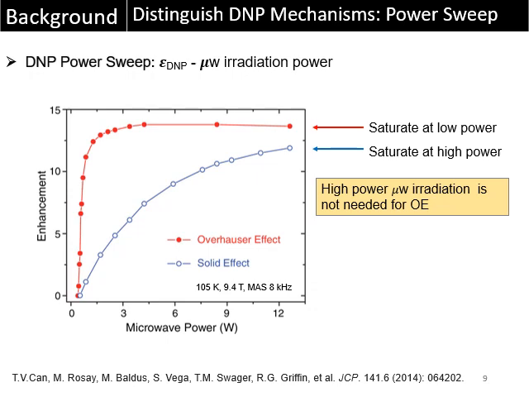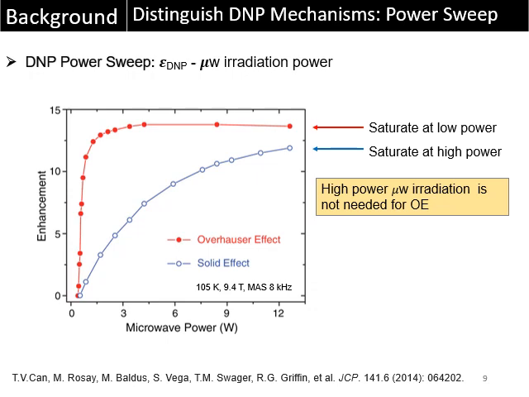If you still remember, I mentioned that the Overhauser effect requires microwave irradiation at the on-resonance condition and needs less power to saturate, while the solid effect microwave irradiation is at a forbidden transition and requires high microwave power. So again, this verifies what they speculated as the Overhauser effect and solid effect.